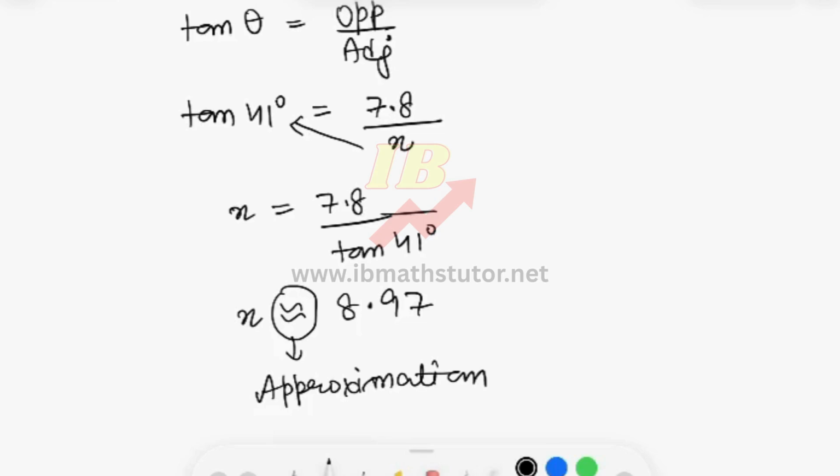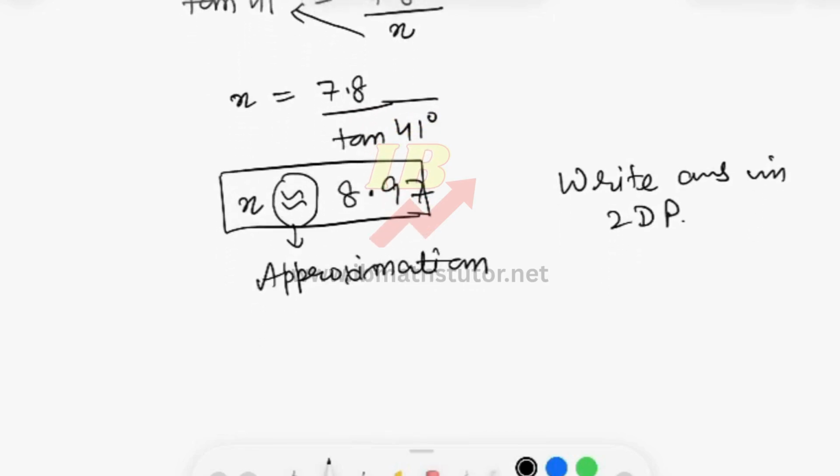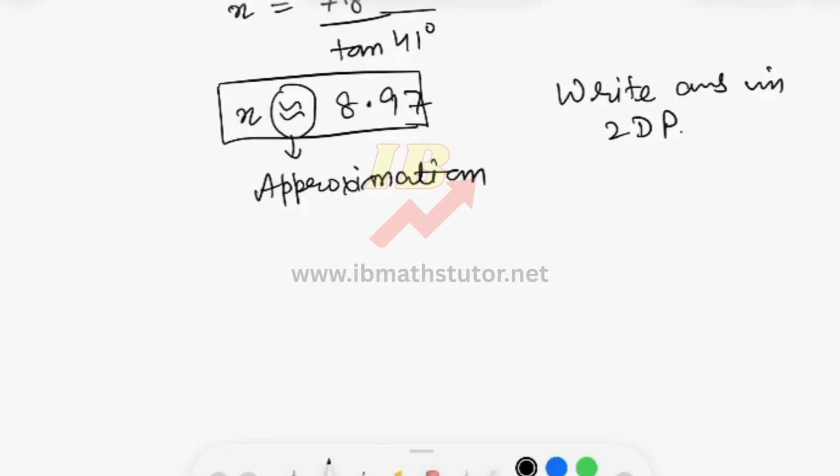I'm just taking it to two decimal places because many times in the question they are going to write, write your answer in 2DP. 2DP stands for two decimal places, or they can write it in three decimal places. So you need to round it off and then finalize your answer with an approximation sign. That is a must. You always need to write that. So that's your answer. That's how you're supposed to solve it in the exam.